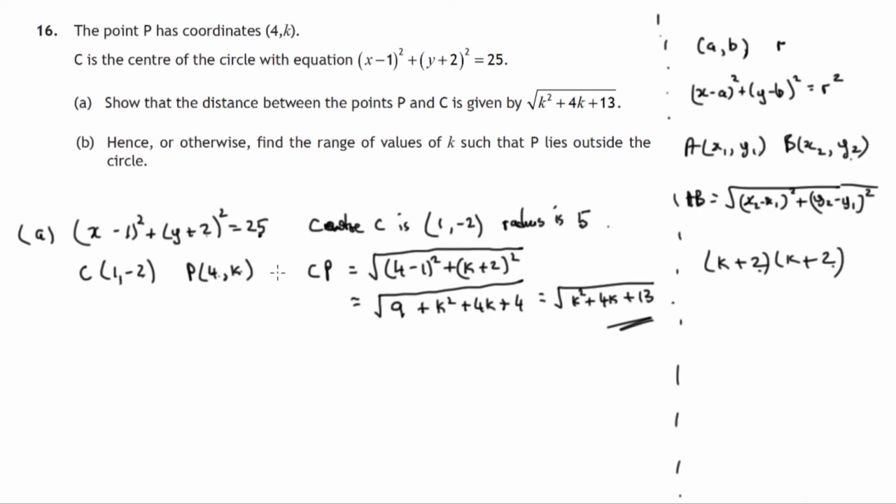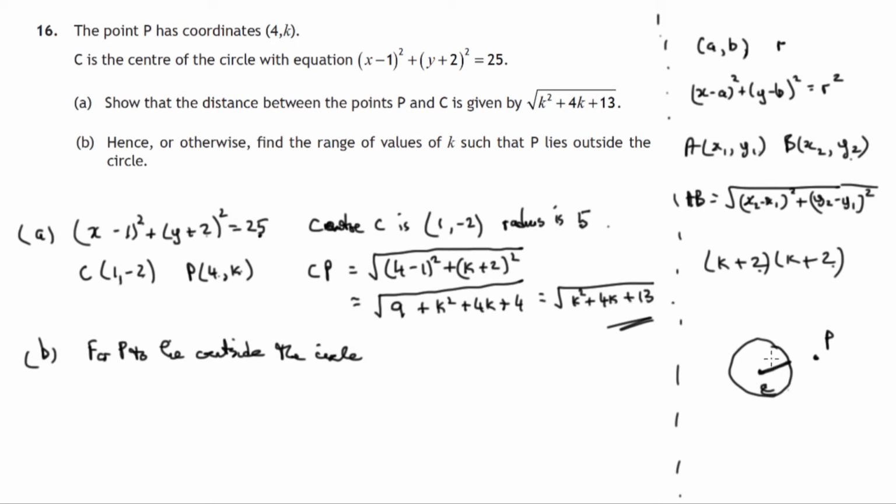Let's have a look at part B. Hence, or otherwise, find the range of values of k such that P lies outside the circle. For P to lie outside the circle, let's have a look at a picture. There's the circle, P outside it, there's centre C. Notice the radius of the circle was 5.